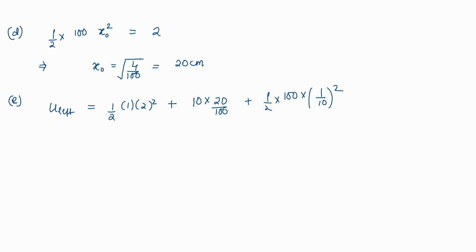So all these energies will combine together to be stored in the form of spring potential energy. So over here it is turning out to be 2 plus 2 plus 0.5, that is 4.5 joule.